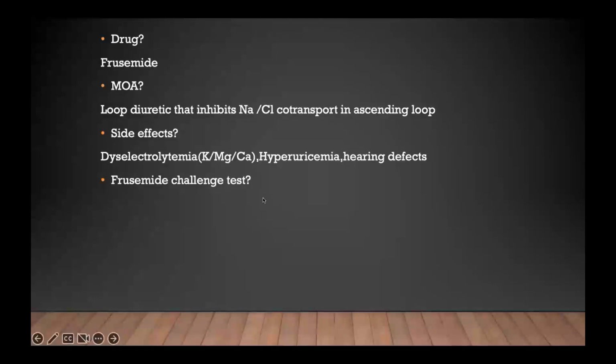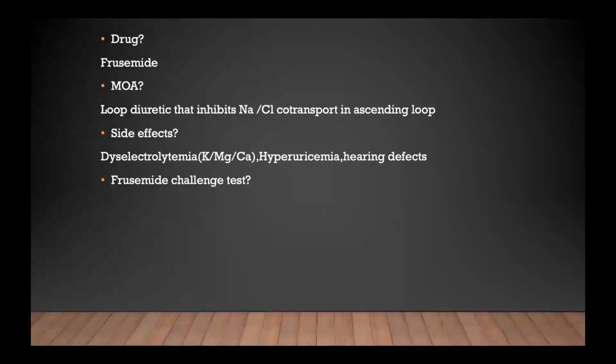If some functional glomeruli are present, the chances of that patient going in for RRT are less, right? So it just helps you to identify such a group of patients in whom the tubular integrity is still maintained.